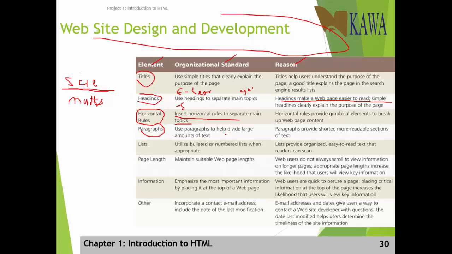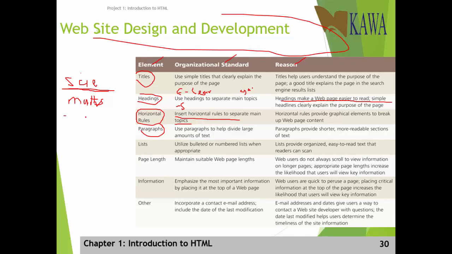Then paragraphs. Use paragraphs to help divide large amounts of text. Paragraphs provide shorter and readable sections. For example, if you are writing an essay, you can't write it randomly. If someone is reading it, you have to specify paragraphs to easily separate the topics and allow users to read them easily.